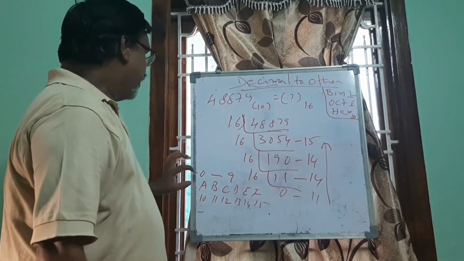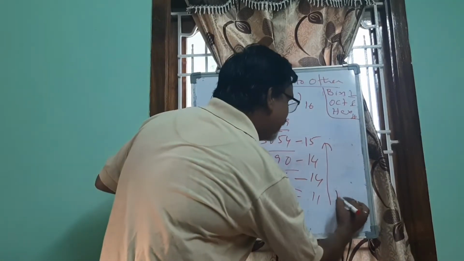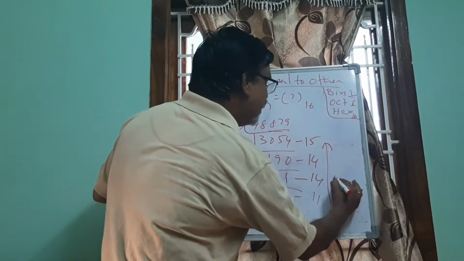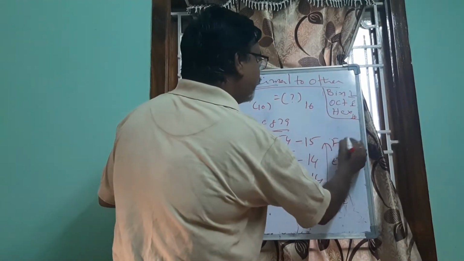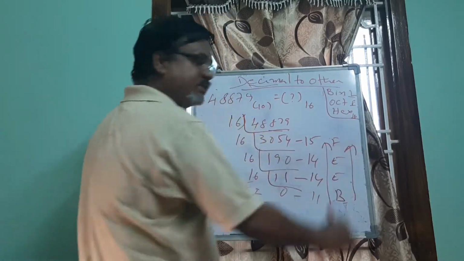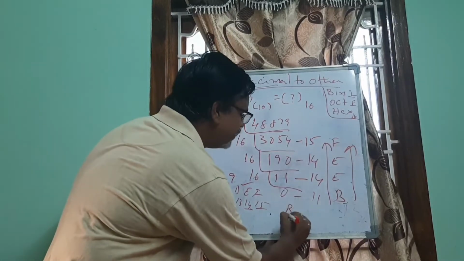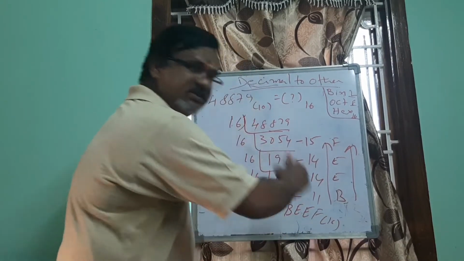So that's why 11 is nothing but B. Then 14 is nothing but E. Again E. And 15 is nothing but F. So you have to write these extra numbers in the reverse order to get B, E, E, F base 16.